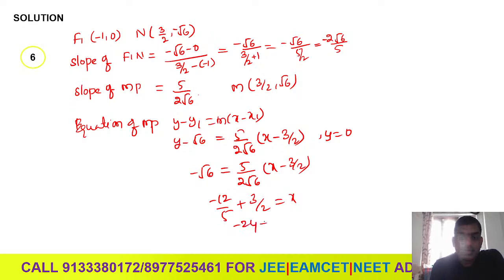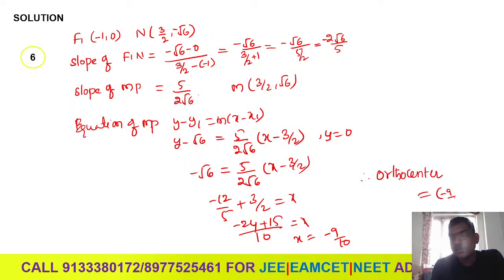Minus 24 plus 15 divided by 10 is equal to x. So what we are getting, x is minus 9 over 10. Therefore orthocenter is equal to minus 9 over 10 comma 0. This is the orthocenter of what triangle? That is triangle F1MN.